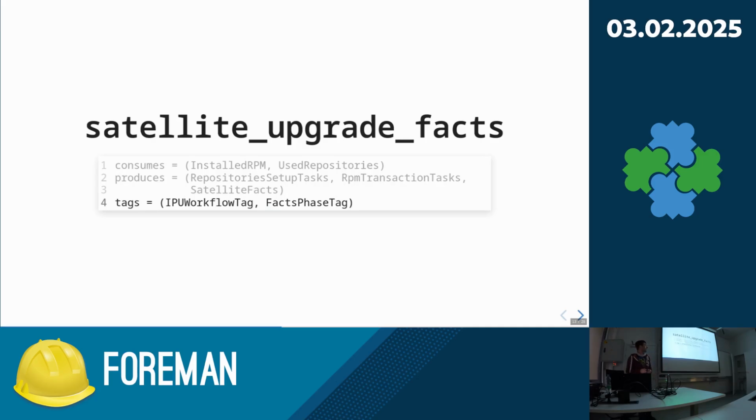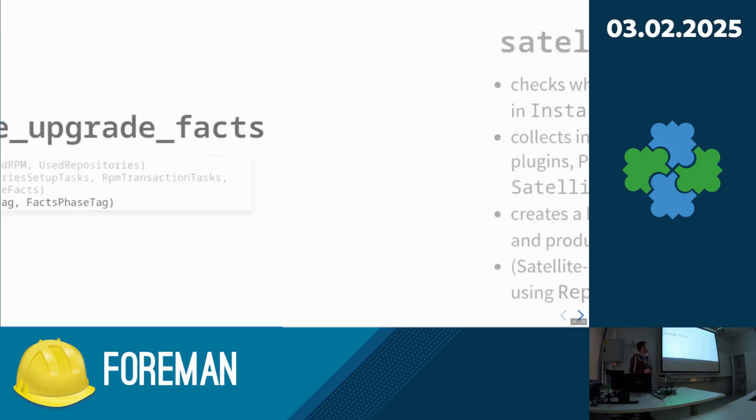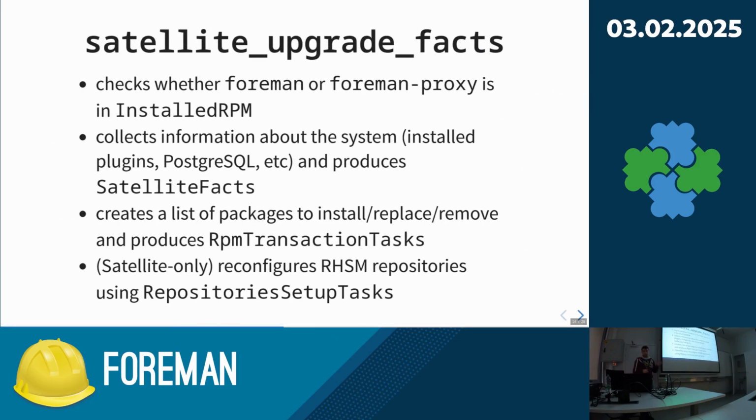So what does it do under the hood, right? You've seen it consume installed RPM messages. And based on that, the first thing it checks is, is there a Foreman or a Foreman proxy RPM? If there isn't, this is not a Foreman system. I don't care anymore. I can just error out or jump out with a success, nothing done.